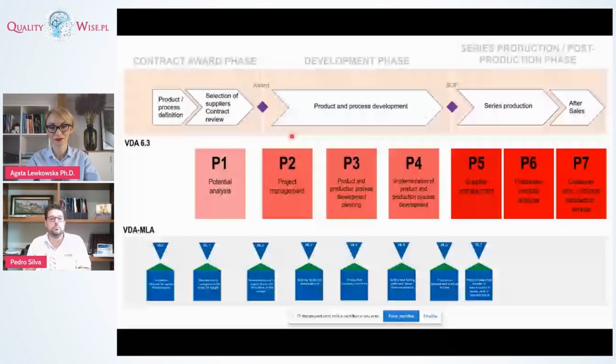When we are talking about P5, P6, P7, so supply management, production, and then customer service, we will be down on the shop floor. We'll be auditing the assembly, the manufacturing, the several technologies.